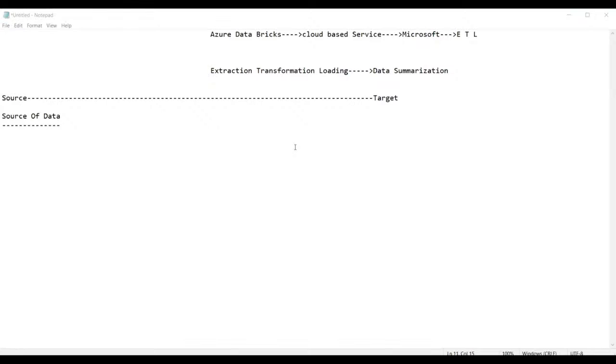Yes. So basically your house expenses and income, you're going to write in an Excel sheet, but ultimately that is nothing but the data.